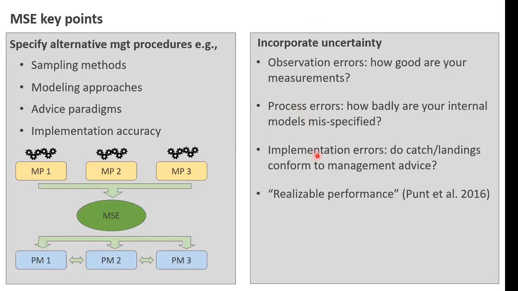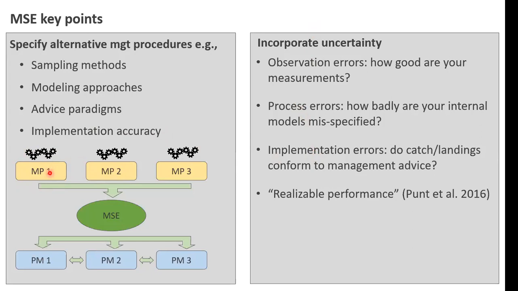What he means by that is, if we took this to the extreme and said we're not going to incorporate any uncertainty at all in the system, it might be really easy to differentiate the performance between the different management procedures. Maybe it's obvious that management procedure 2 is much better than management procedure 1.